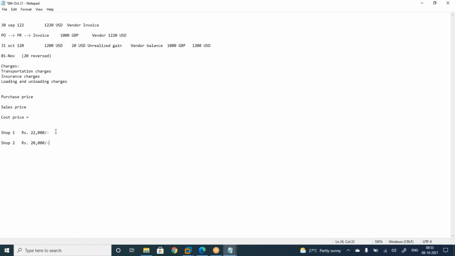Then I went back to shop one and told him that the other guy is saying 20,000. Why are you taking 22,000? 100, 200 extra is fine, but you are charging 22,000 rupees. It is a very big amount for me. 2,000 rupees is not a small amount.